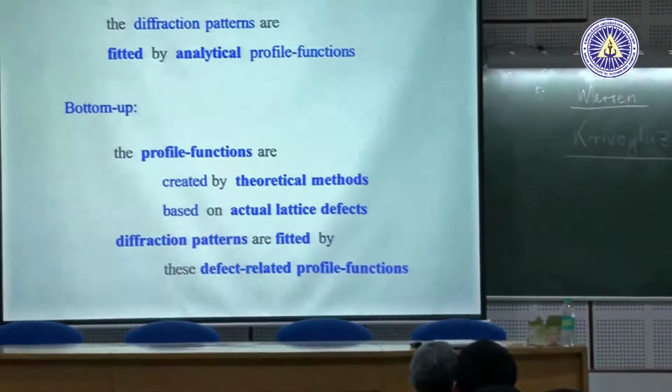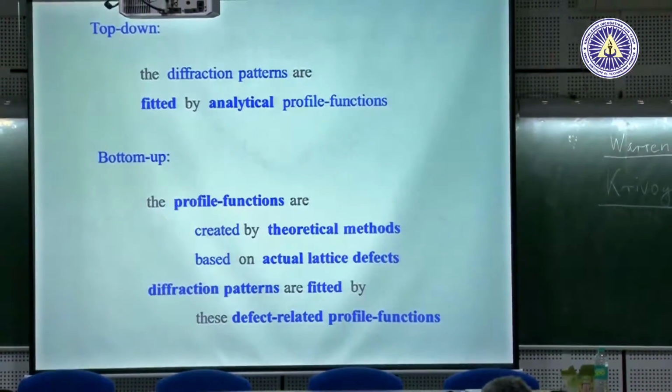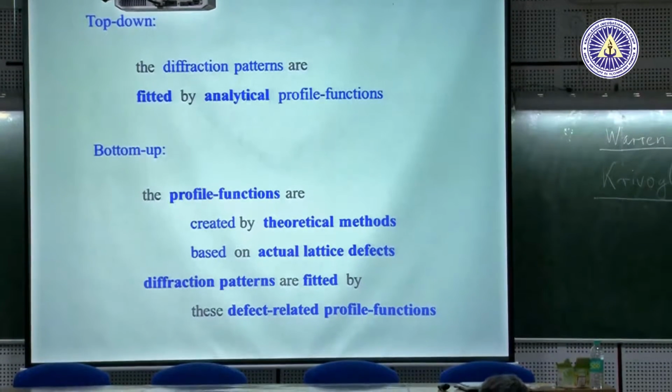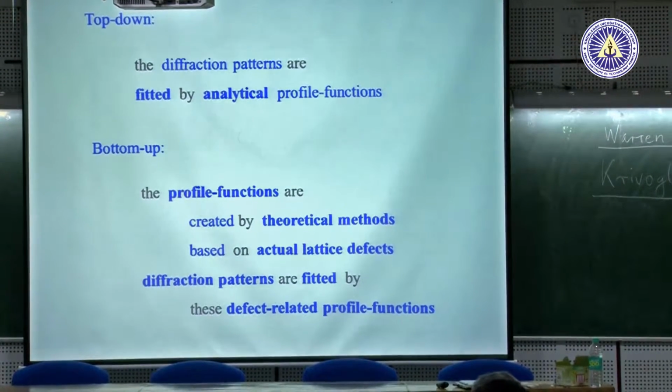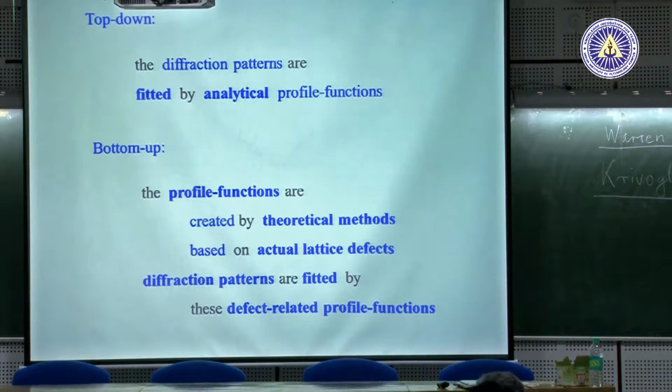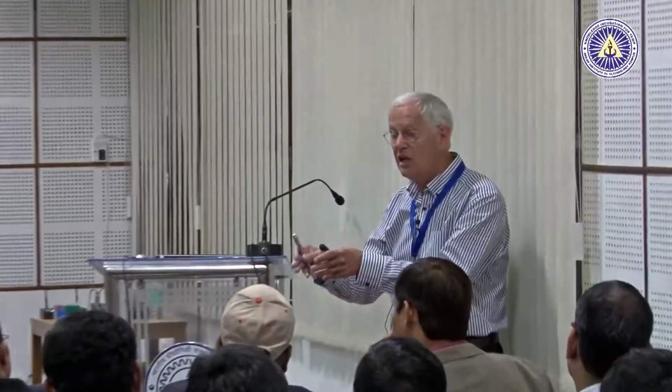So the profile function has to be worked out for dislocations, for planar defects, separately for twins, for stacking faults in different materials, in cubic materials, in hexagonal materials. The twinning is much more complicated. In the structural materials like magnesium, zirconium, beryllium, or titanium, you have the pyramidal planes which twin.